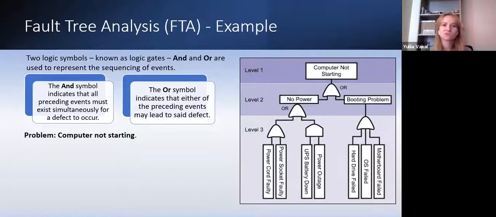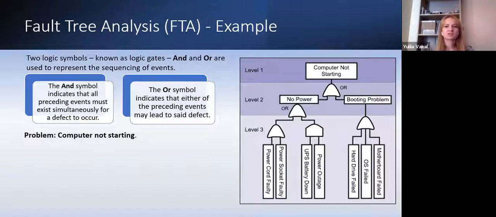In this case, we use 'or'. Then for no power, we have another level: power socket faulty, power cord faulty, that's 'or'; power outage and UPS battery down, that's 'and'. You see the different signs: the triangle one is for 'or', and the other one is for 'and'. And for booting problem, we have 3 'or's: motherboard failed, OS failed, hard drive failed.